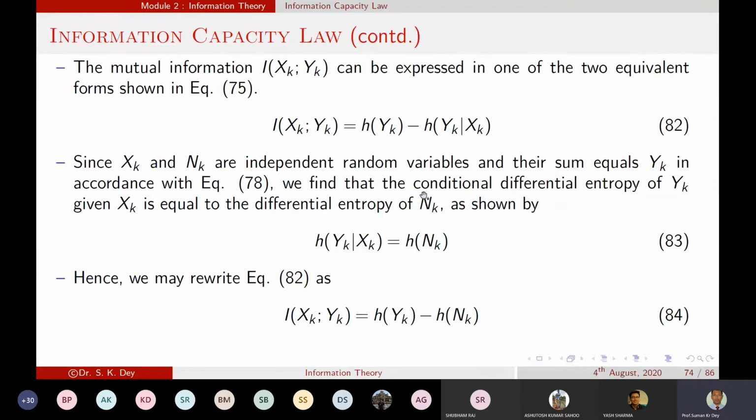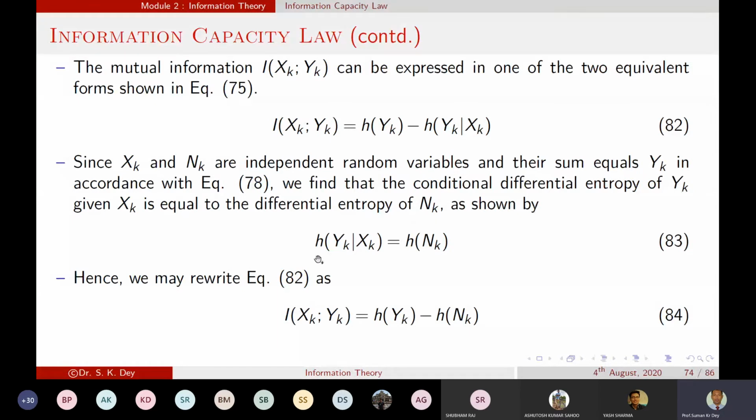That means when the xk value is given, the differential entropy of yk will be equal to the differential entropy of nk.